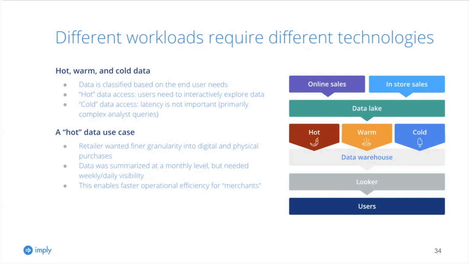The retailer wanted finer granularity into digital and physical purchases. Data was summarized at monthly level, but needed weekly and daily visibility, right? And that helped them achieve faster operational efficiency for the merchants.